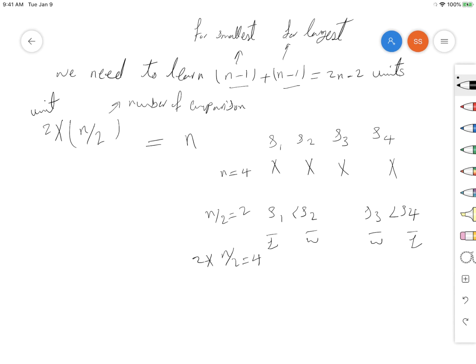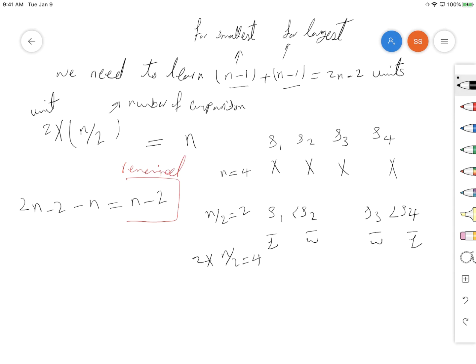And now let's see how much information we still need to learn. We had in total 2n minus 2 units of information to learn to find the largest and the smallest one. At first, when all of the items or keys have unknown status, we can get n units of information. So n minus 2 information now remains.